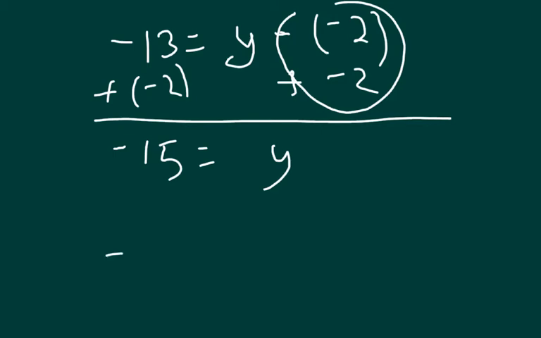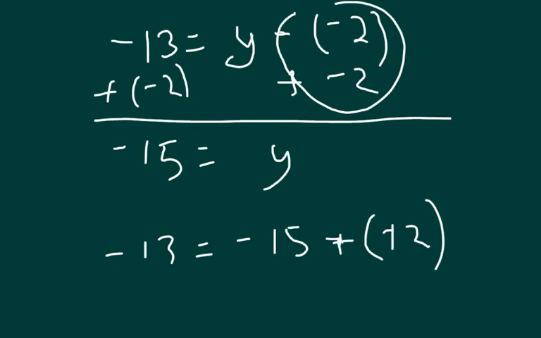So we go back to the original equation and put in negative 15 minus negative 2 and see if we get negative 13. To simplify this, we would make it plus positive 2, and hopefully we get a true statement here. 15 negatives and 2 positives makes 13 negatives, so that's good. So that's how we work with subtraction.